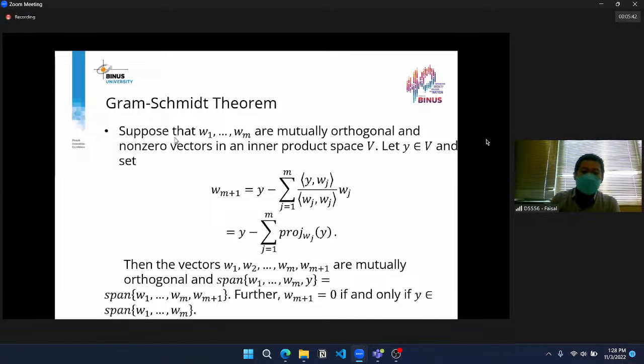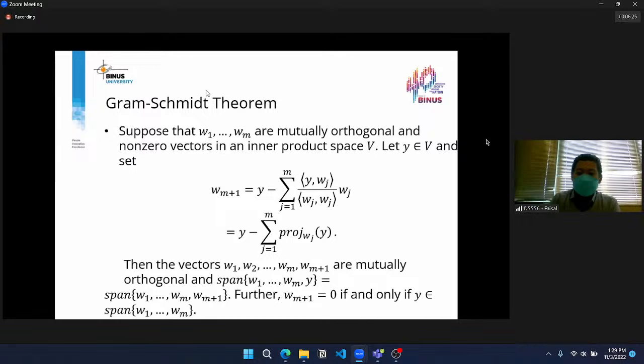It says that suppose we have mutually orthogonal vectors W1 until Wm. These are mutually orthogonal, and all these vectors are non-zero vectors, and these vectors are elements of an inner product space. So this is a vector space together with an inner product.